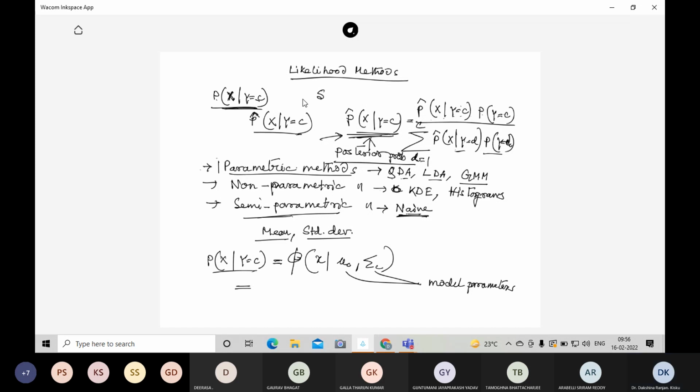Our objective is to get the maximized function of the given likelihood in terms of this mean and standard deviation, so we estimate the mean and standard deviation such that we get the maximum likelihood.